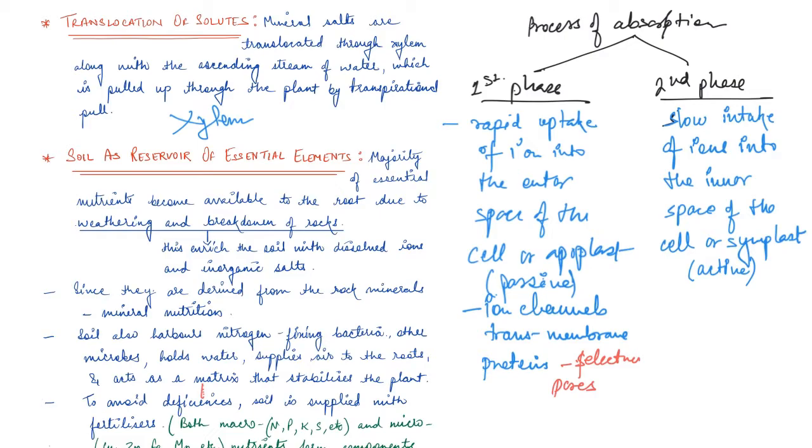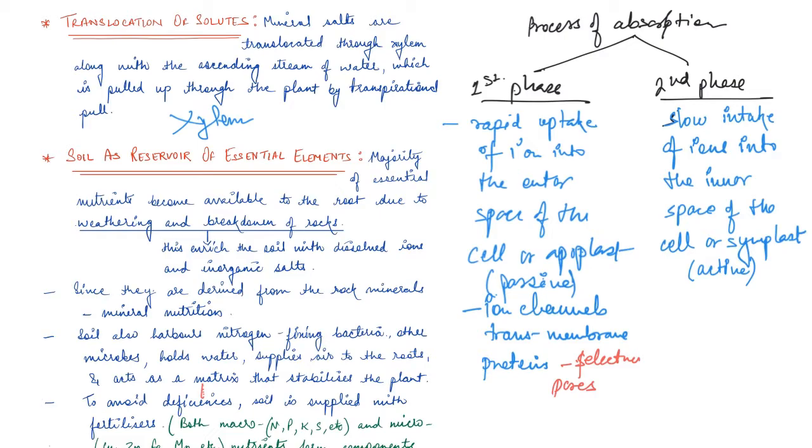Now, mineral salts are translocated through the xylem itself along with the ascending stream of water which is being pulled upwards, right? So, if we analyze the xylem sap, we'll see that there is presence of mineral salts as well in the water, right?